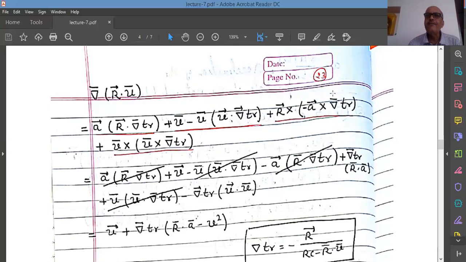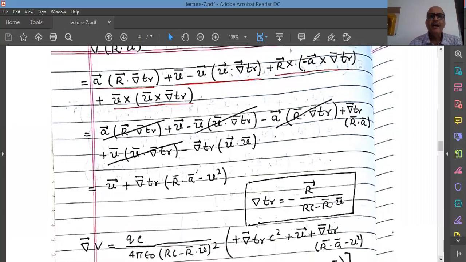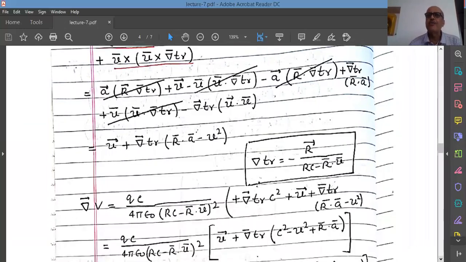C is gradient of TR. Since we already have a minus sign, this becomes a plus. Gradient of TR will be out, and we are left with R dot A inside the bracket. If you do this correctly, two terms cancel out, and we are left with only three terms. And the three terms are B plus gradient of TR R dot A minus B square.